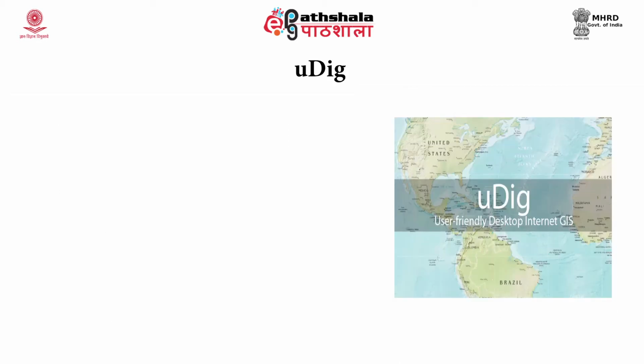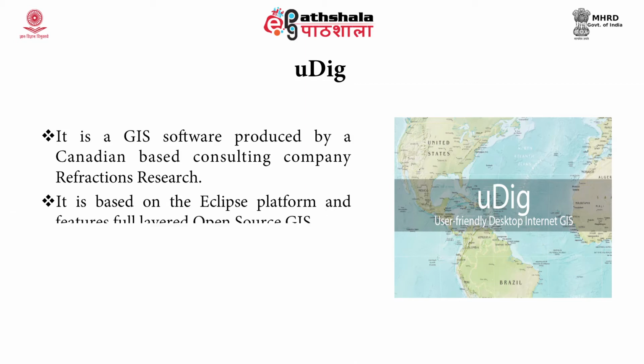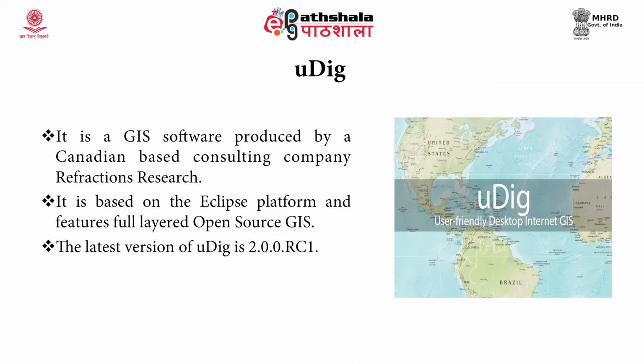Another open source software that we are discussing here is uDig. It is a GIS software produced by a Canadian based consulting company, Refractions Research. It is based on the Eclipse platform and features full layered open source GIS. The latest version of this software is 2.0.0 RC1.